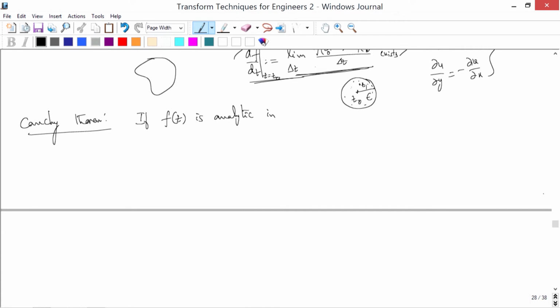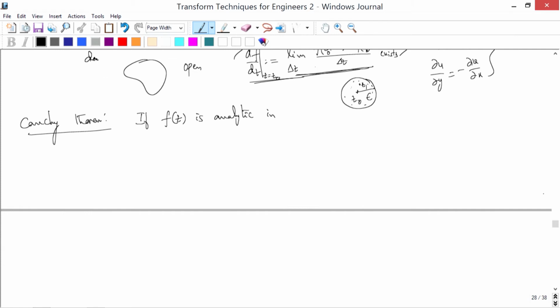Region means it is connected: every point to every point, you can always connect by a line that stays inside that region. Open means you take every point, I can always construct a circle, that is a disk, entirely in it. Connected means you take any 2 points, I can always connect them by a line which is entirely in the domain.